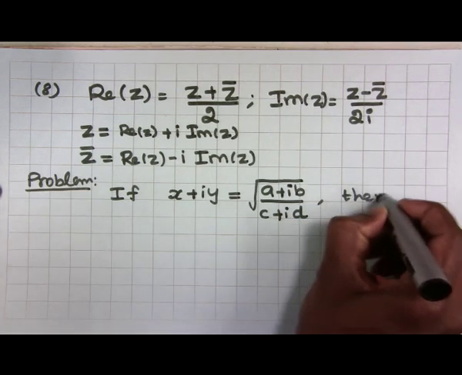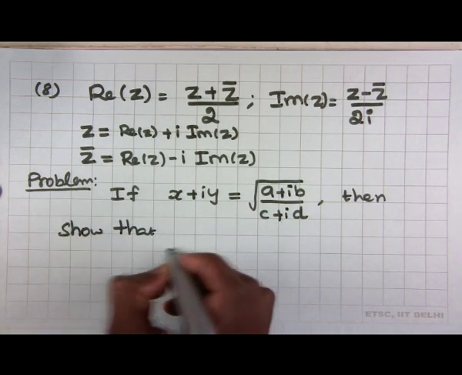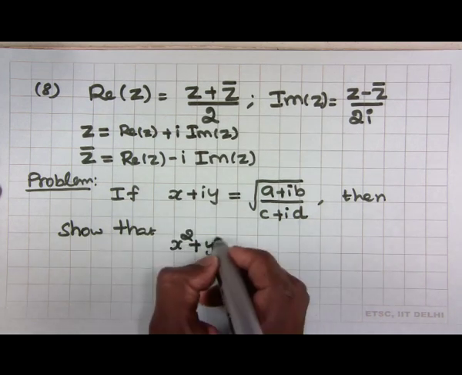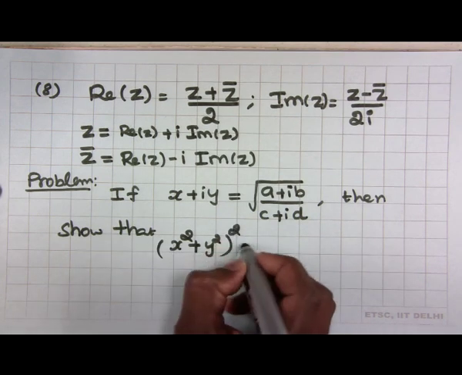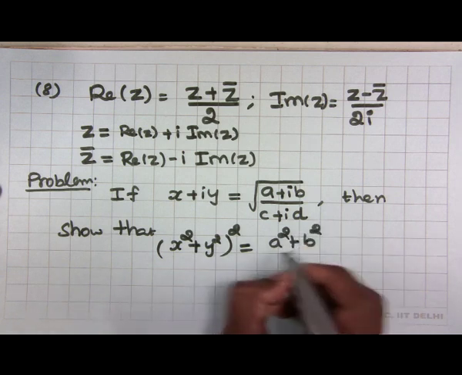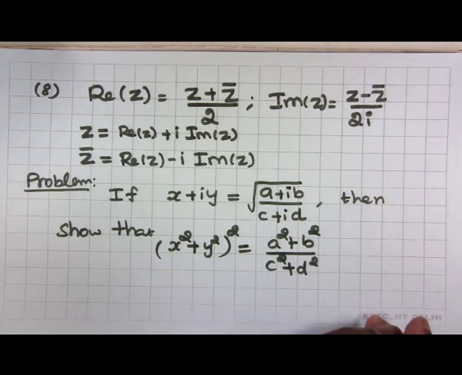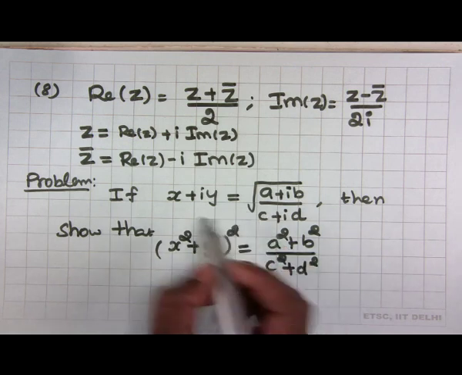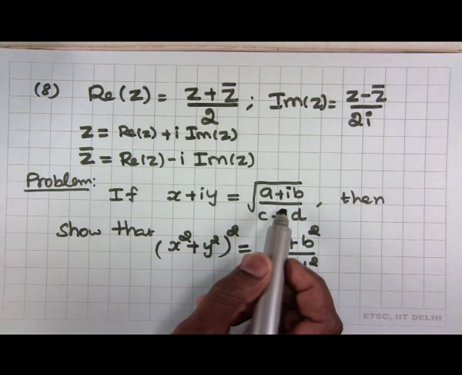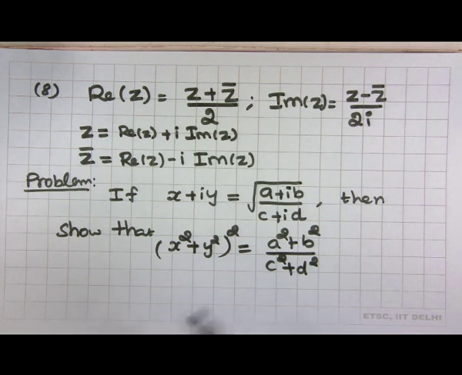Then show that x square plus y square, the whole square, gives you a square plus b square by c square plus d square. So, suppose the complex number x plus i y equals the square root of a plus i b divided by c plus i d, then we are able to derive this relation. So, we need to prove this.